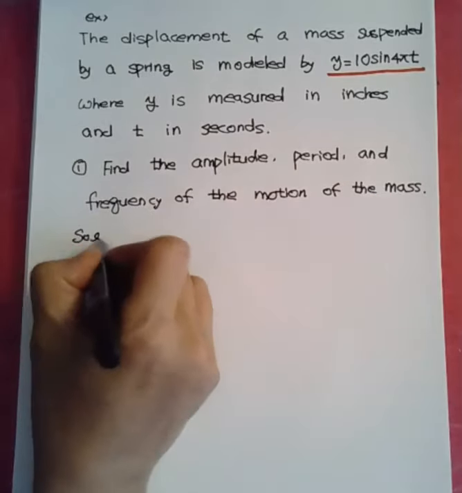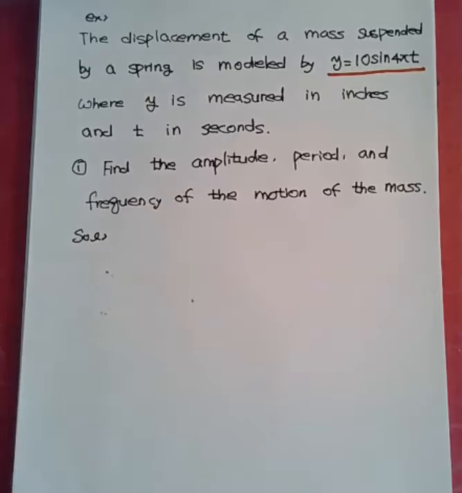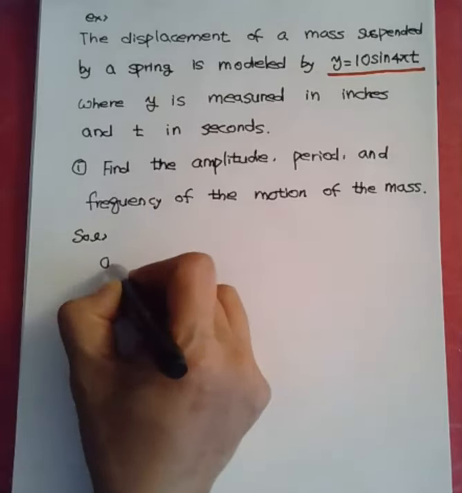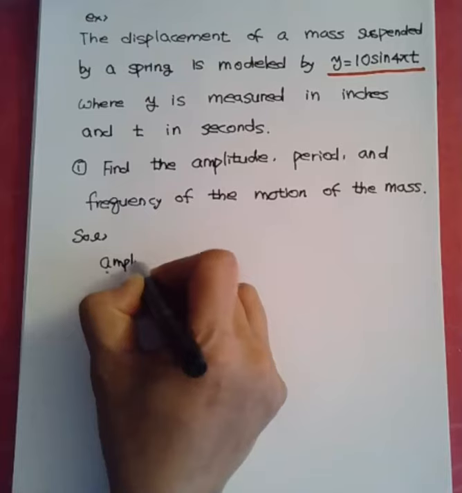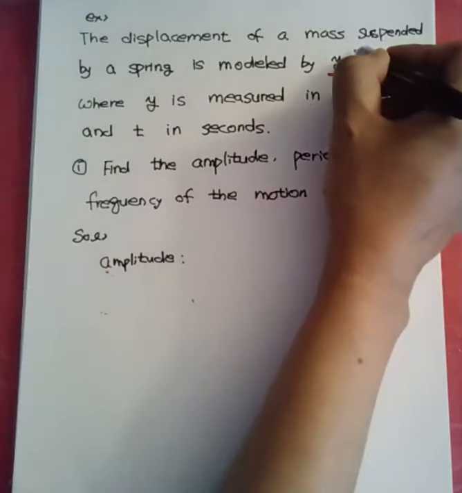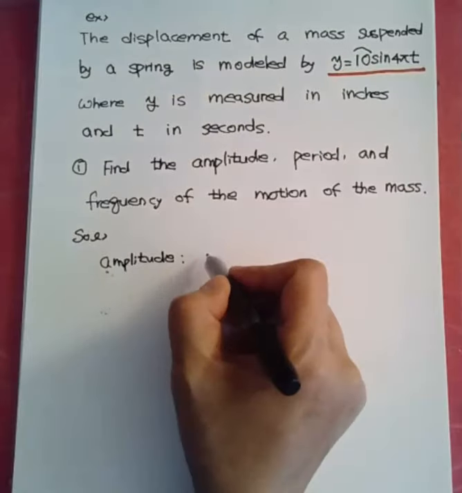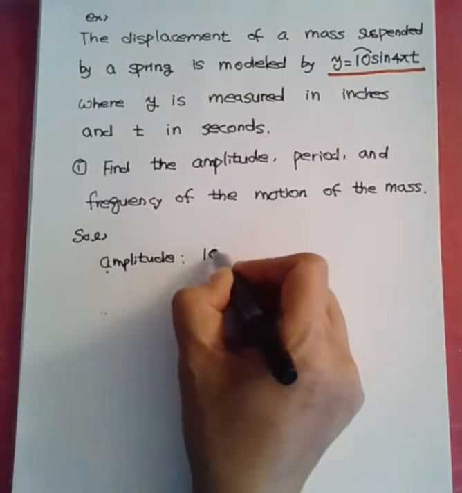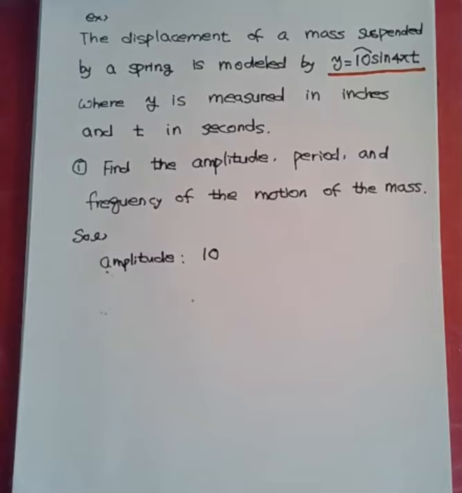We are talking about the physical equation. However, that doesn't change the mathematical notion of amplitude and period. So amplitude is the number in front of sine. This time that is positive, so that is just a 10.